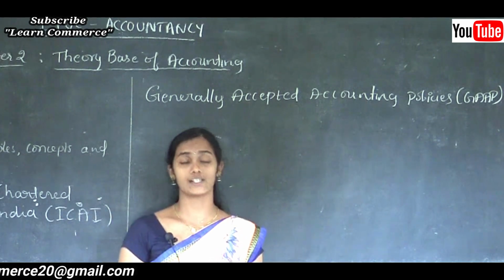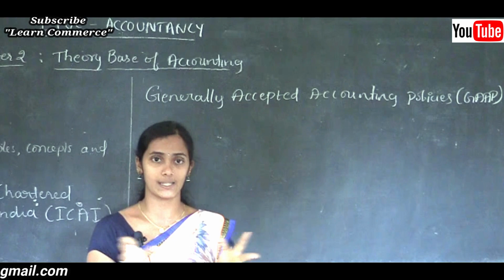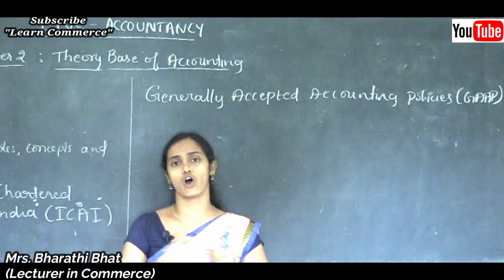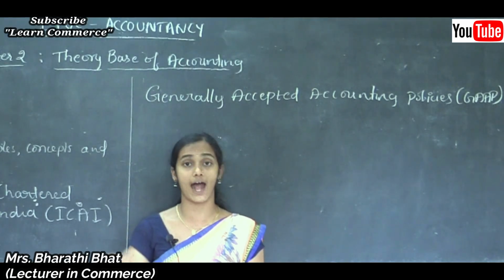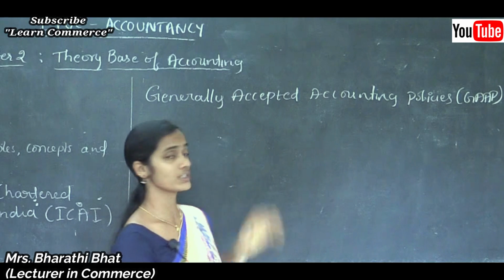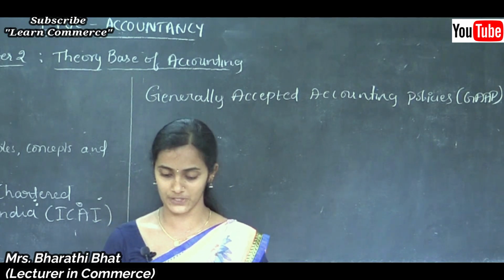These principles, concepts and guidelines have developed over a period of time, and all these rules and concepts are accepted by the accounting professionals. That is what generally accepted accounting principles are.